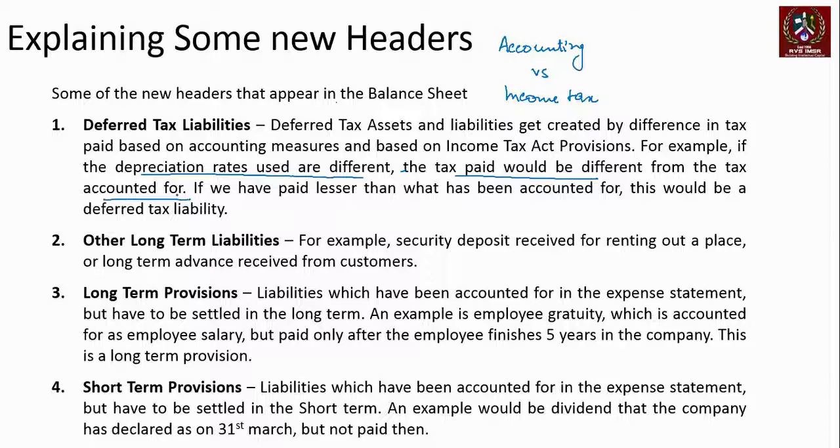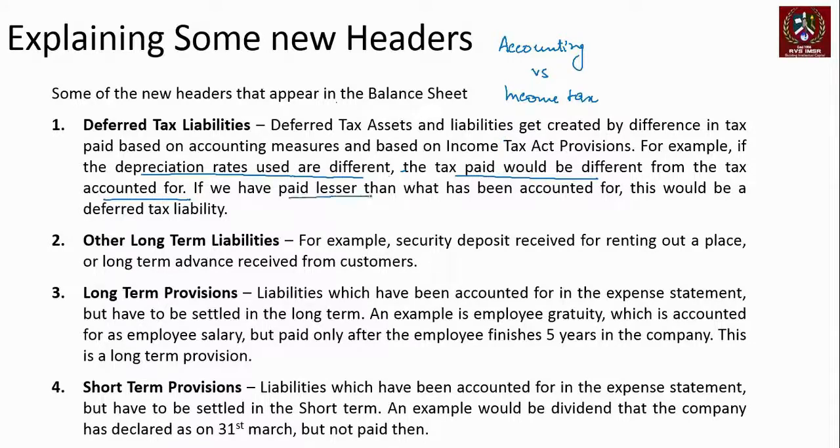So your accounting tax measure will come from your accounting depreciation measure, which could be different from the actual tax, because the income tax department will say, look, this is what you made and this is the tax that you have to pay. You could account for something else as compared to what is there in the actual income tax segment. And that is where there is a difference between what is being paid as a tax and what is being accounted for as a tax.